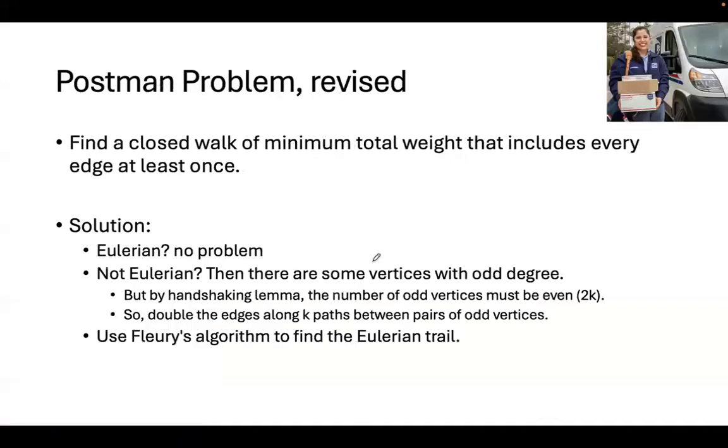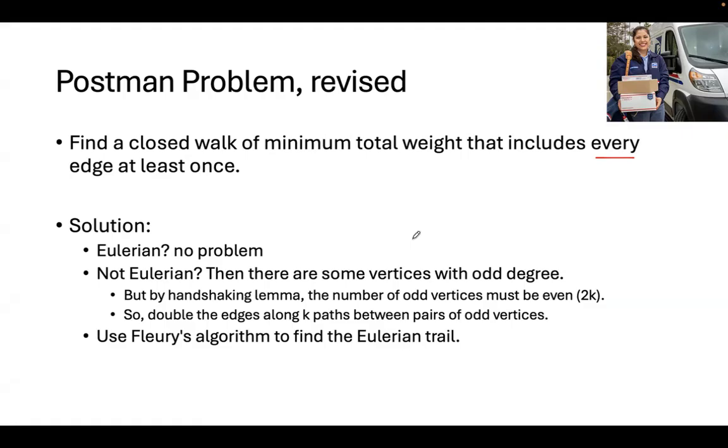Okay, so our rephrasing of this is we want to find a closed walk, going around the graph, of minimum total weight, that does include every edge at least once. So the solution here is a mix of both shortest path and Eulerian trail.